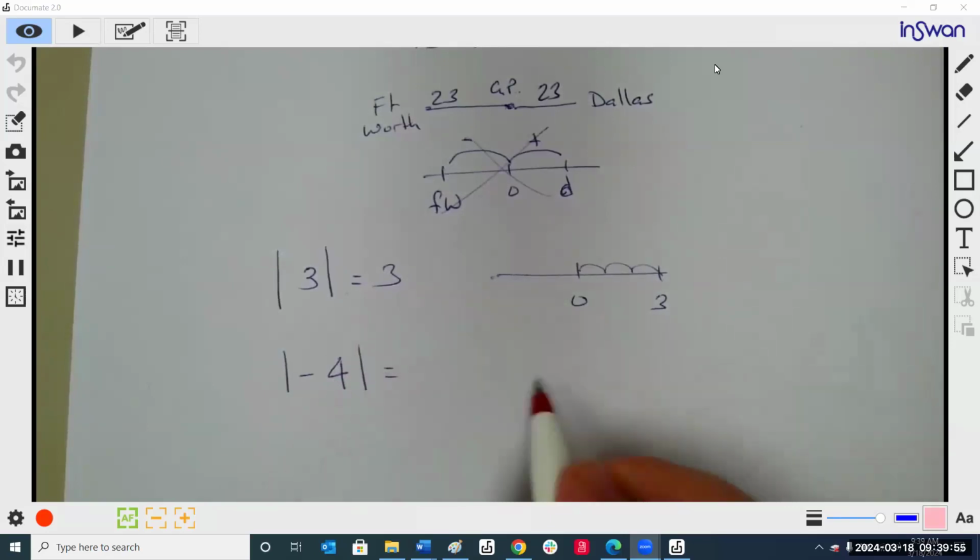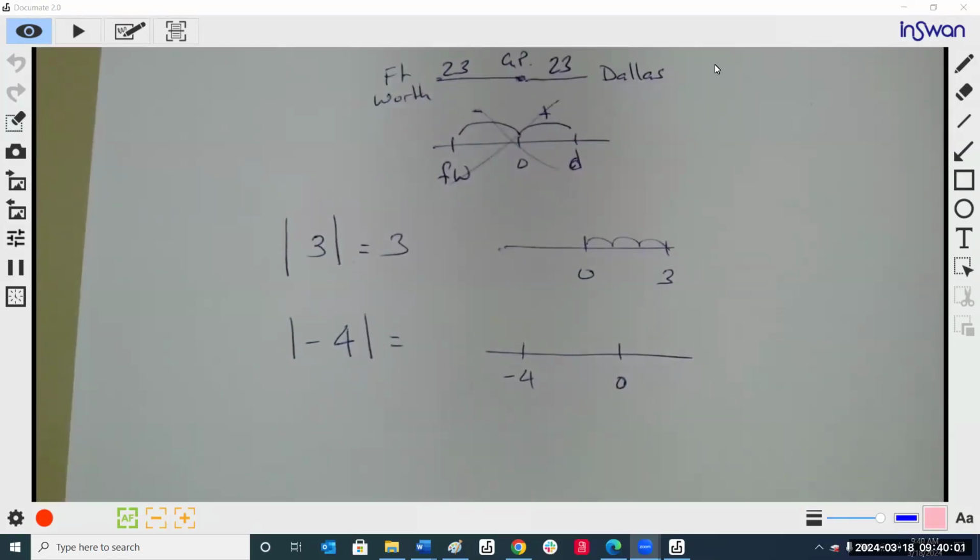If I had a number to the left of 0, how far is that away from 0? 1, 2, 3, 4. It's 4 units from 0. So that's what the absolute value sign does. Whatever value, not an equation, value, whatever number you have inside there, you drop the absolute values and make it positive.